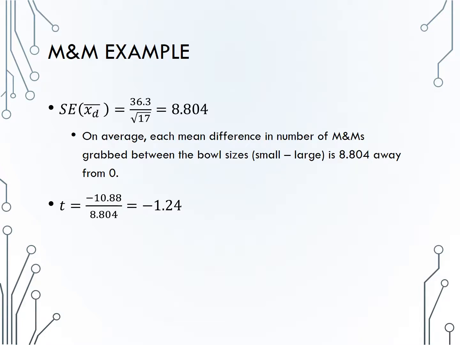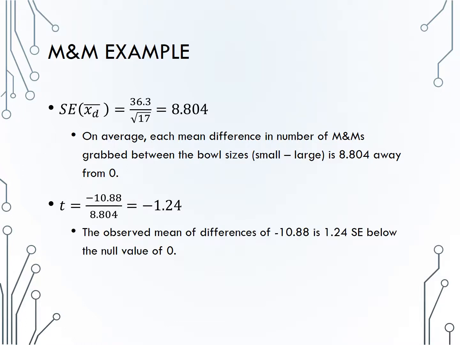To interpret standard error, we would say that on average, each sample mean difference in number of M&Ms grabbed between the bowl sizes, small minus large, for an individual is 8.804 away from 0. And to interpret the standardized statistic, we would say that the observed mean of differences of negative 10.88 is 1.24 standard errors below the null value of 0.